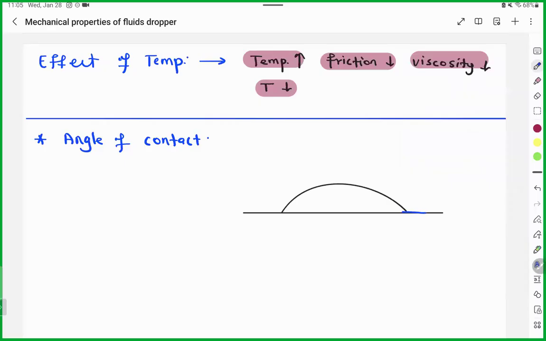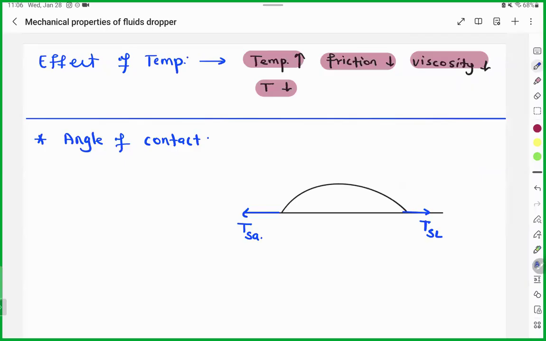Here you will have surface tension between the solid and liquid surface. Here outside, not inside, you have surface tension between the solid surface and air.